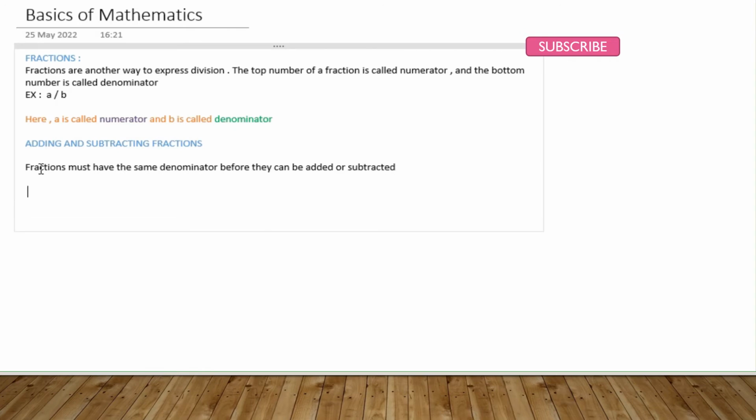I'm going to explain this with an example. We have a by d. I'm clearly explaining this as one term. Plus b by d.